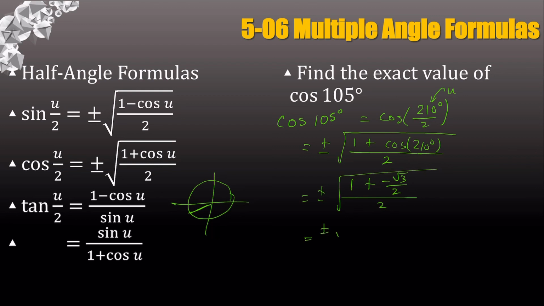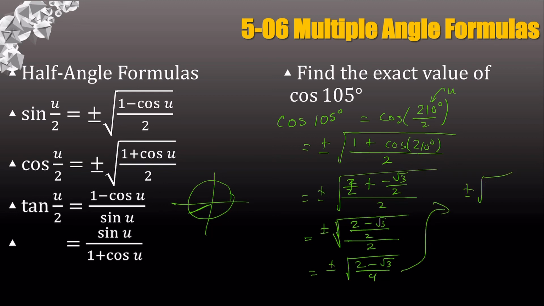Get a common denominator, so this will be 2 minus the square root of 3 over 2, over 2. Which would become over 4. We can square root that, so it'll be plus and minus the square root of 2 minus the square root of 3, over 2.